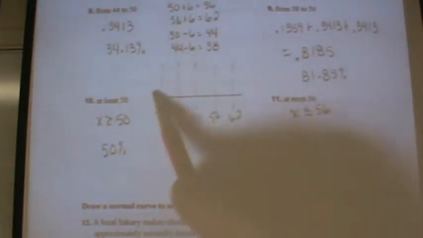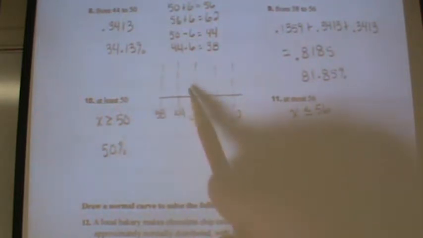So we're going to take 0.5 and we're going to add that 0.3413, that 34% extra. So we have 50% of our data to the left, and we're adding that extra 34%. So we're going to get 0.8413, which gives us 84.13%.